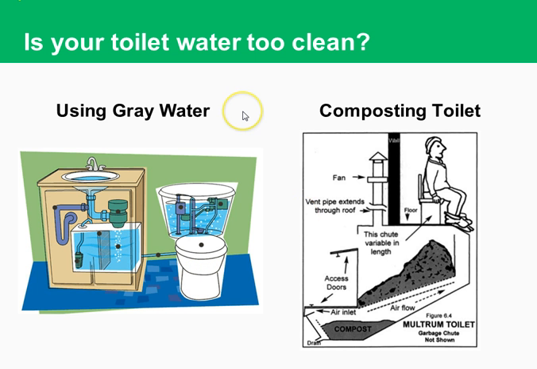But the reason it asks is that sometimes, if you have the blue cleaner in your toilet tank in the back, the concern is that the chlorine inside of those cleaning tablets might break down some helpful bacteria.